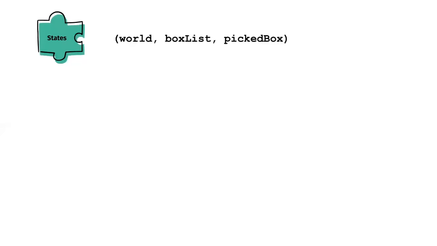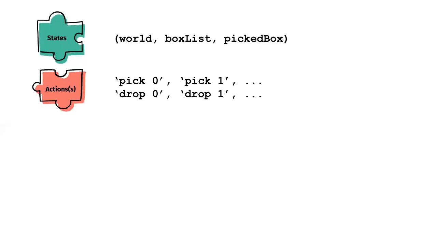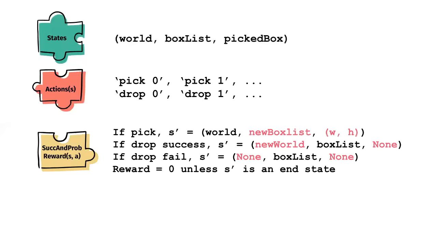Box list is a list of width-height tuples of the remaining boxes. Pick box is either none or the width-height tuple of a box. As you may have noticed, we've been modeling our task as a sequence of pick, drop actions. An action can be either pick at some index of the box list or drop at some X location of the world.